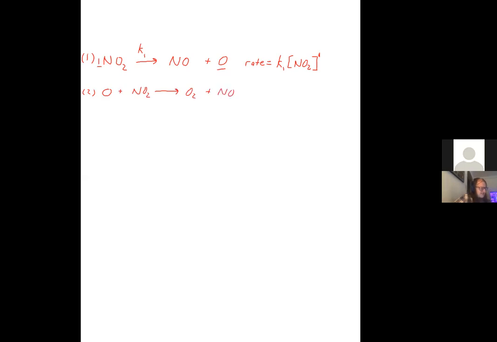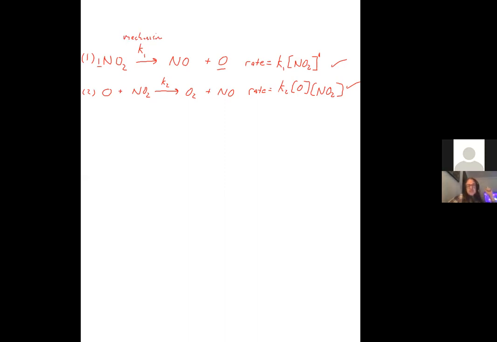It's abstracting an oxygen from the NO2, pulling off an oxygen. This would be K2. And the rate for this reaction would be K2 times O times NO2. So for elementary reactions, and these are elementary steps here, together we call that a mechanism. The mechanism is the combination of the elementary steps, like we just looked at a moment ago.